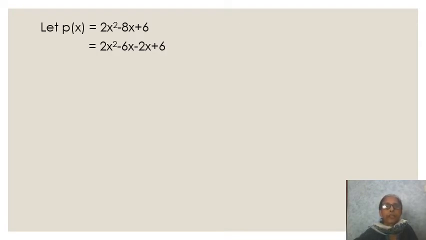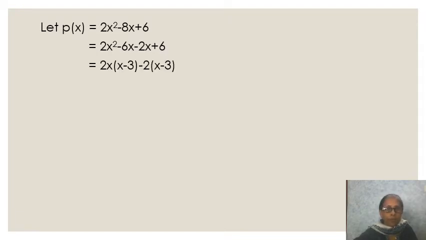Have you understood? The reason is that the product of the coefficients will be 2 into 6, 12, and the sum is minus 8. Is that clear? So minus 6 into minus 2 will be plus 12, and minus 6 plus minus 2 is minus 8.